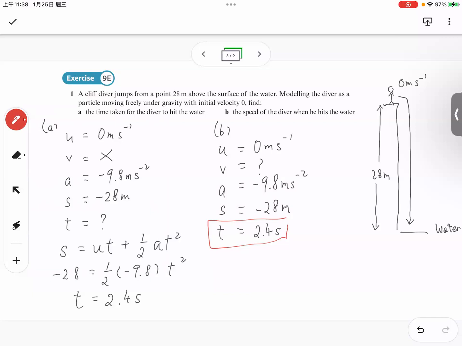So the formula we choose this time is V squared minus U squared equals 2AS. So that is V squared minus 0 squared, which is equal to 2 times negative 9.8 times negative 28. So we can find out V by using the calculator.